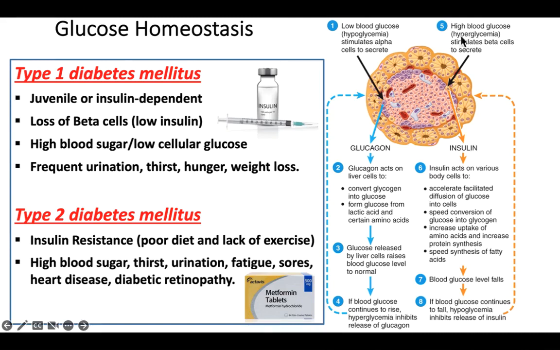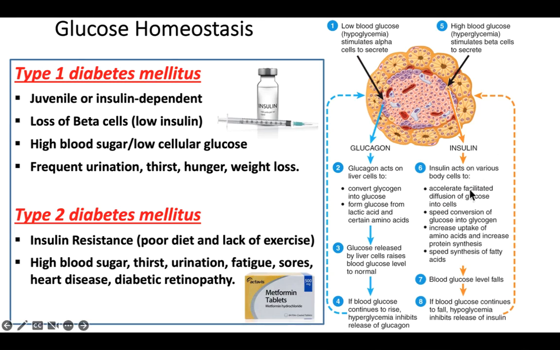Now you have temporary hyperglycemia, and that stimulates the beta cells of the pancreas to produce insulin. Insulin has a broader effect, right? Not just liver, but a lot of cells: liver cells, muscle cells, neurons. Any cell of the body typically is going to have an insulin receptor.